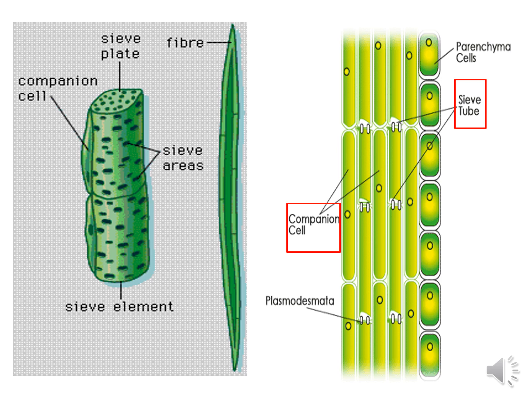They are accompanied by a companion cell, which is metabolically very active in order to transport the food from the source to the sieve element. They are further strengthened by fibre.